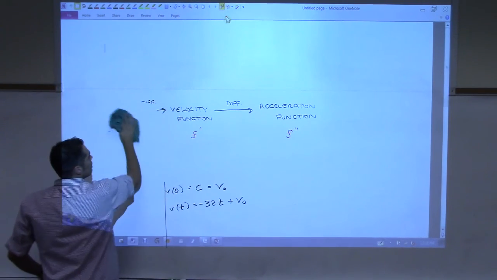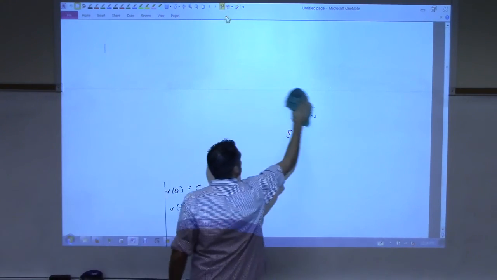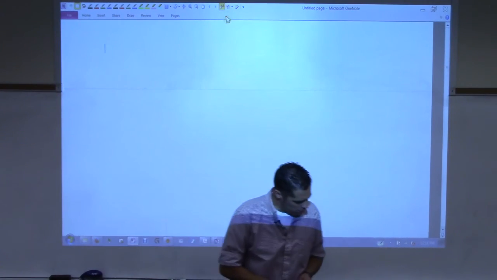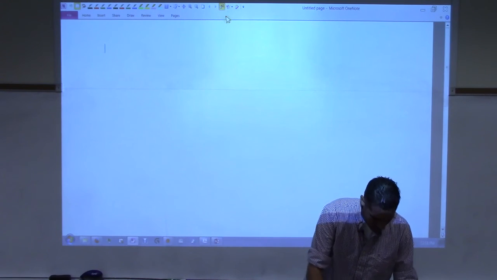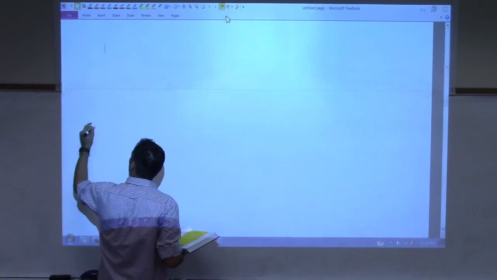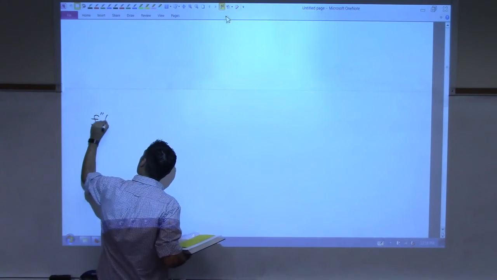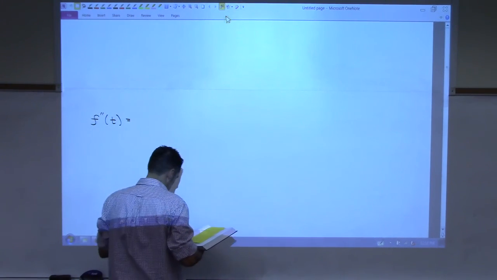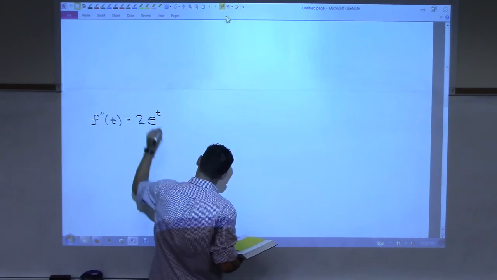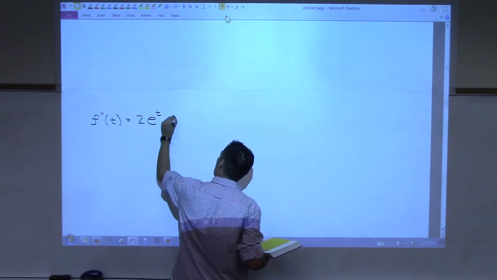Let's do one more, and then we'll talk substitution. So what about this? Yeah, this one looks exciting. F double prime of t equals 2e to the t plus 3 sine t.